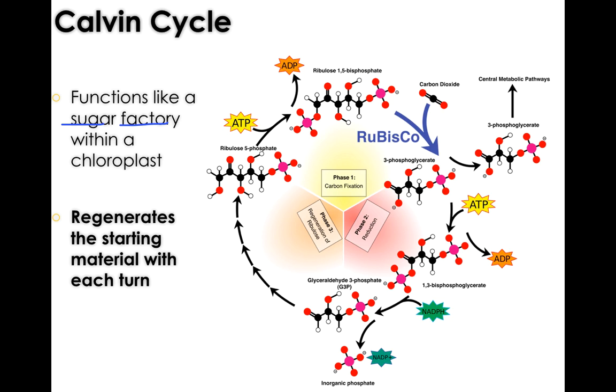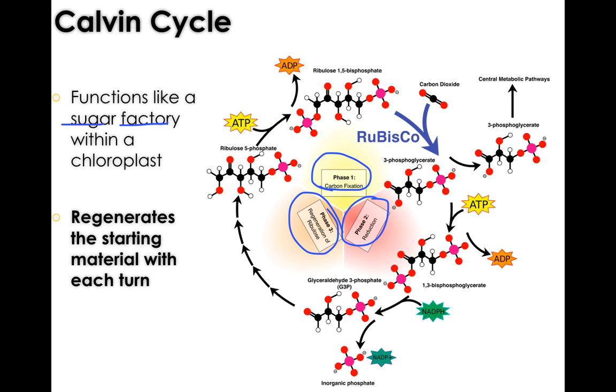What's interesting is it regenerates the starting material every time it goes around the turn. It has these three phases of the Calvin cycle, 1, 2, and 3. In the end, it's still producing some of the same things that it needs.